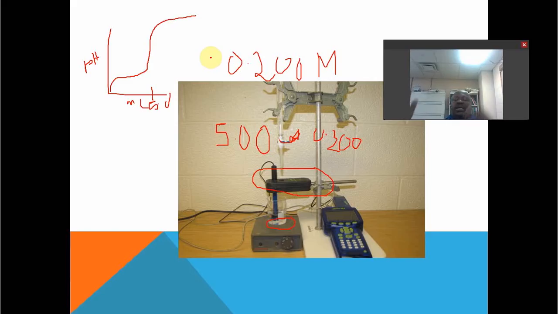Suppose this is HA. Let me generalize it as HA. What's happening in the initial pH? Well, it's a weak acid, and so it's doing its normal ionization. And so you can write a Ka expression in the normal way. Ka is equal to H plus times A minus over HA.